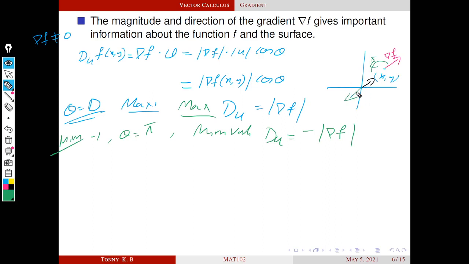This is the direction of minus del f. So if u is opposite of del f, that direction gives the minimum rate of change. That means the function decreases most rapidly if we move in this direction. That is the core idea of gradient descent.